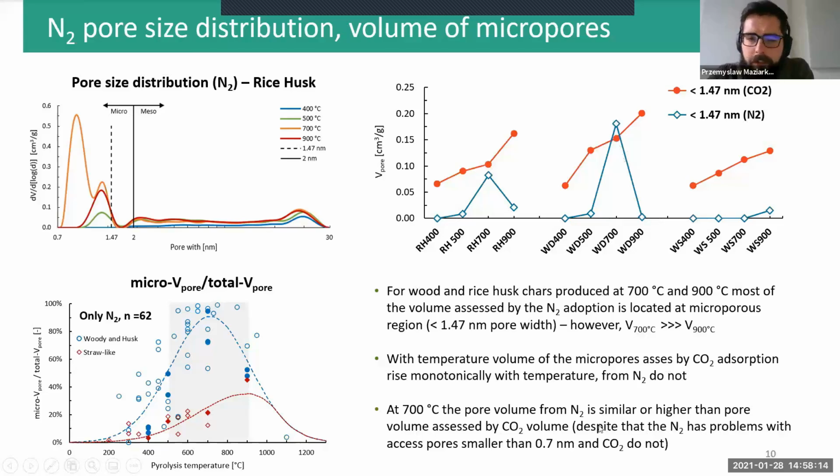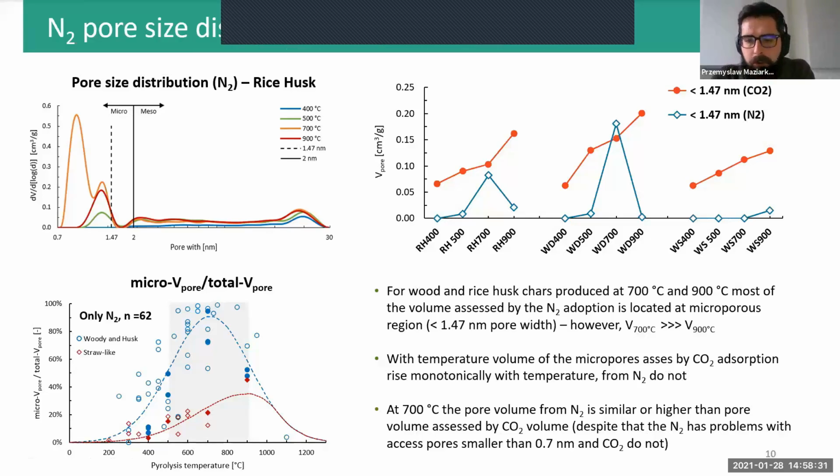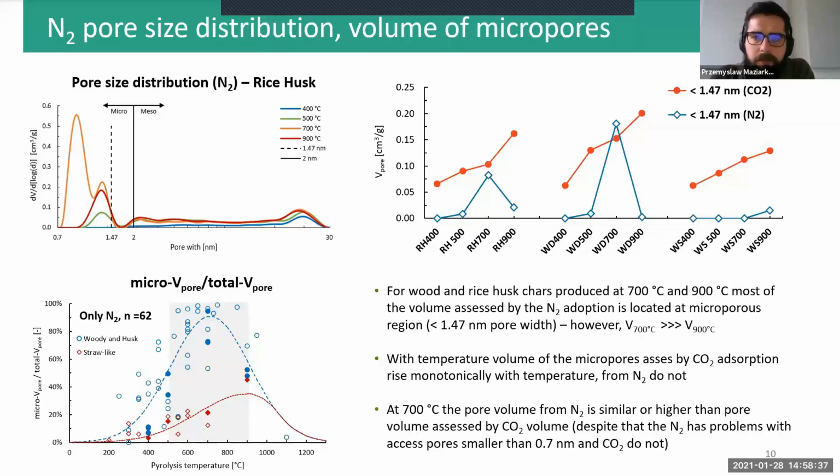Which was very strange, due to the information provided in the literature that nitrogen at 77 Kelvin has a very strong problem with diffusion, especially into the smaller pores, and the carbon dioxide measured at 273 Kelvin does not have this problem. So that really interested us. What is the cause of that? That at 700 degrees we observe such inconsistency.